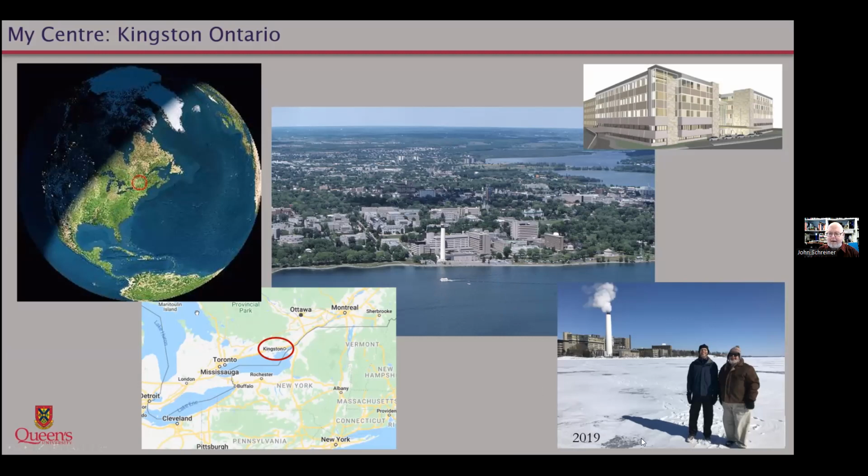Being in Canada, there were certain advantages, that one could actually go for a walk on the lake at some times of the year when one could walk on water with nice, about 20, 30 centimeters of ice. So one of the pleasures of living in Kingston.